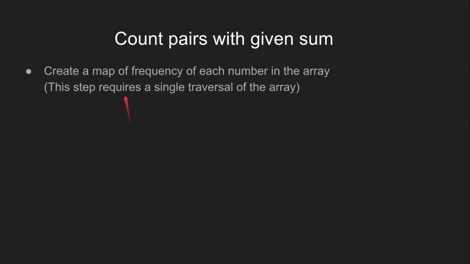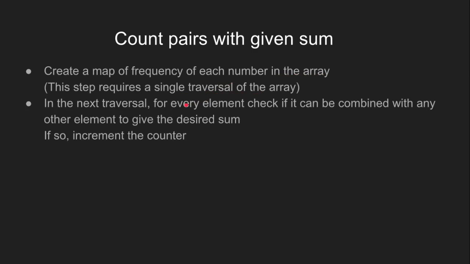The first step is to create a map of frequency of each number present in the array. This step involves a single traversal of the array. In the next traversal, for each element, check if it can be combined with any other element, obviously other than itself, to give the desired sum.